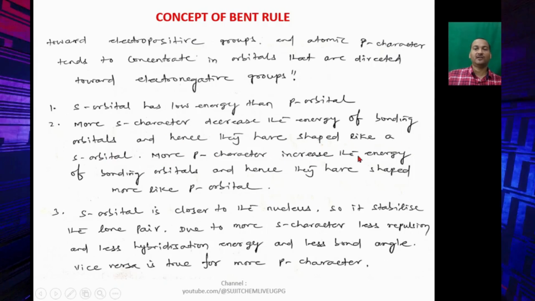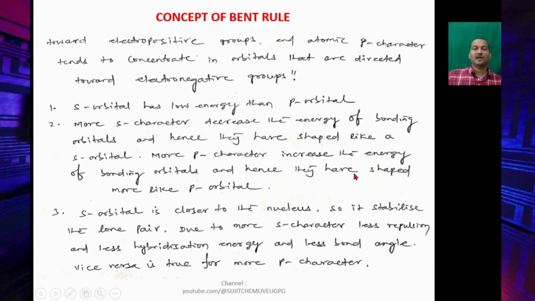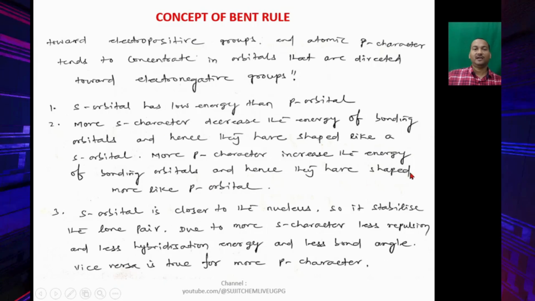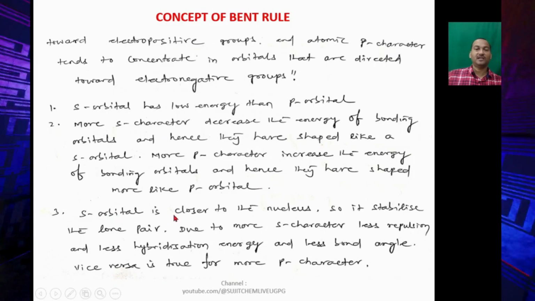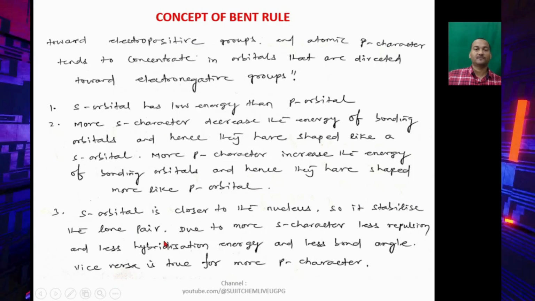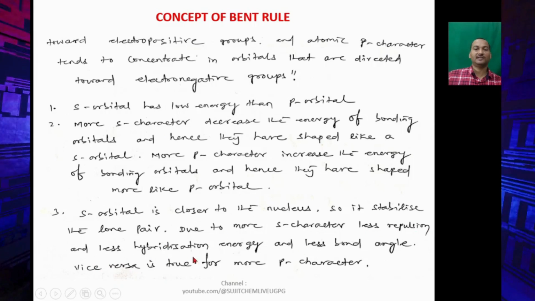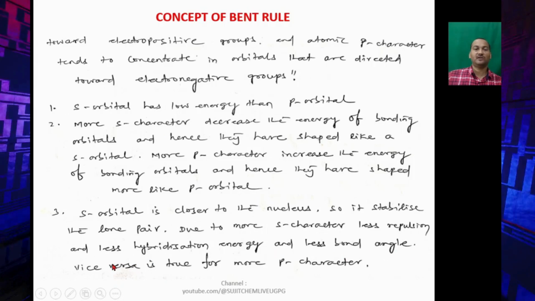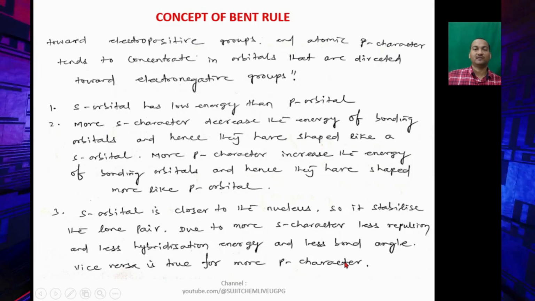Similarly, more p character increases the energy of a bonding orbital, and hence it has a shape more like a p orbital. The s orbital is closer to the nucleus, so it stabilizes the lone pair. Due to more s character, there is less repulsion, less hybridization energy and less bond angle. Vice versa is true for more p character.